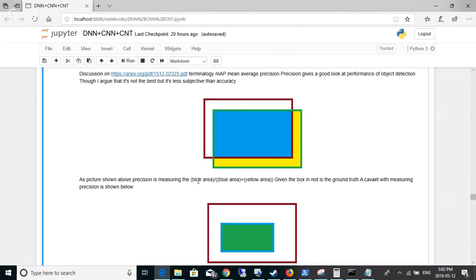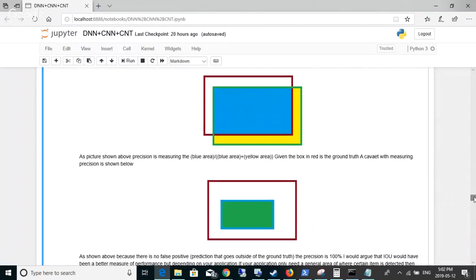Then the precision is measured by this blue area divided by the blue area plus the yellow area. So this is about 70-something precision. The mean average precision would be the average of precision for these bounding boxes. So 70-something is not bad.